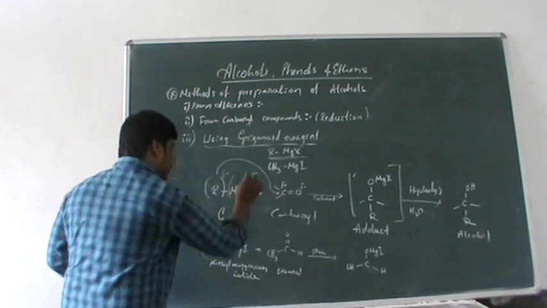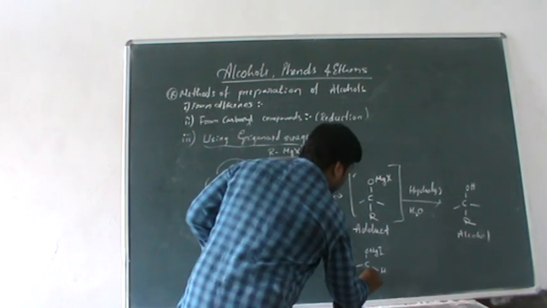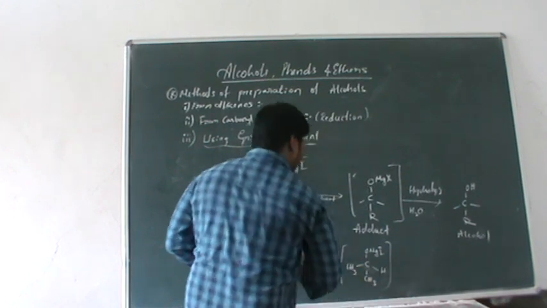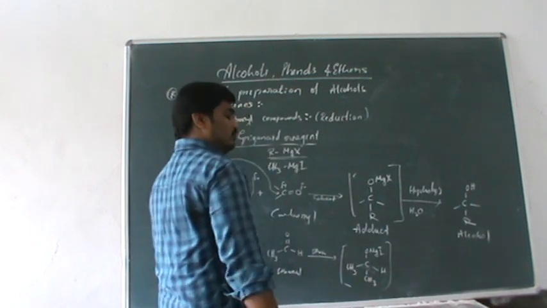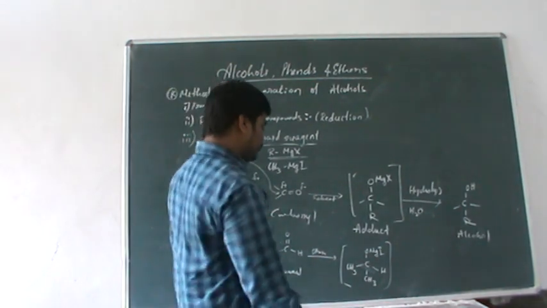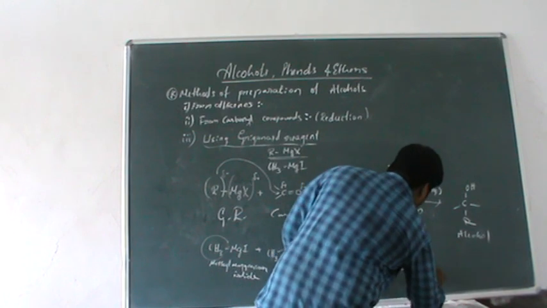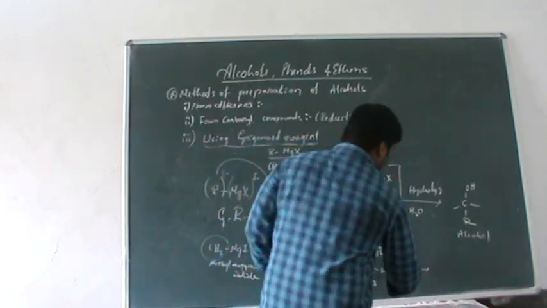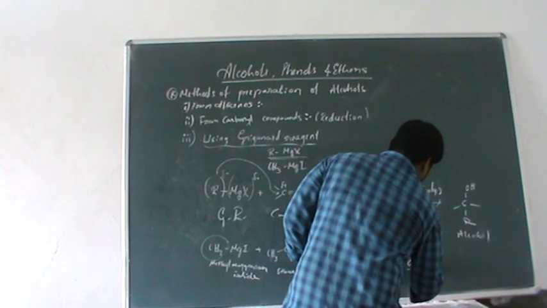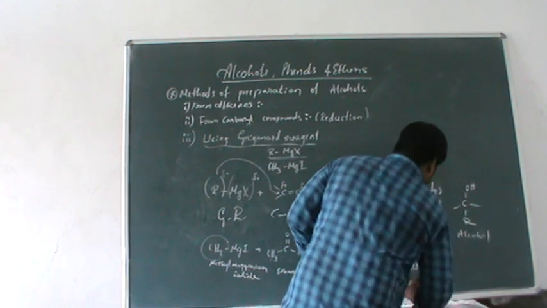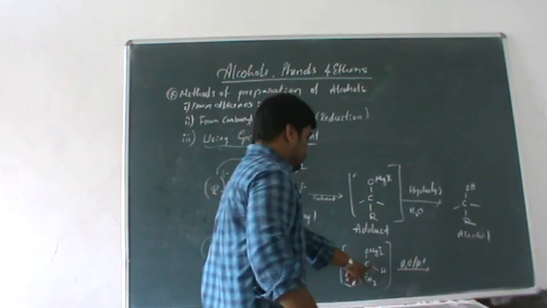The R group of the Grignard reagent attacks here, and this is the addition product. There is no necessity of giving the name. Next, followed by hydrolysis, H2O, H plus, it gives the corresponding alcohol.